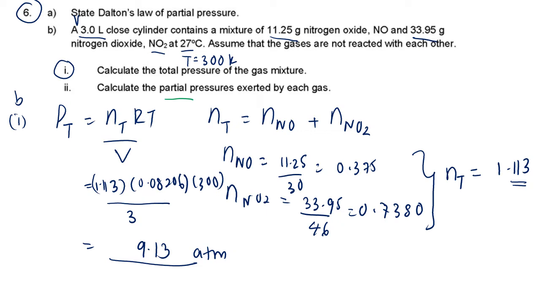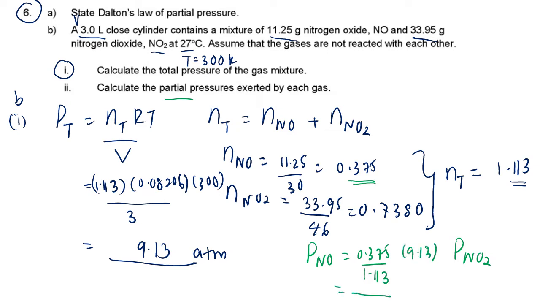For question B2, calculate the partial pressure exerted by each of the gas. So we want to find the partial pressure of nitrogen monoxide and partial pressure of NO2. For the partial pressure of nitrogen monoxide, we use the number of mole of nitrogen monoxide, 0.375 mole over n total 1.113 times 9.13 atm.